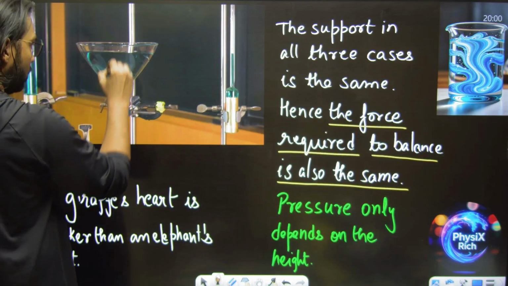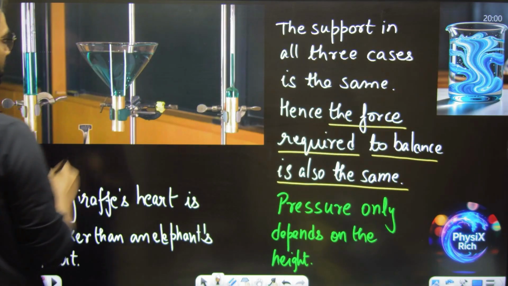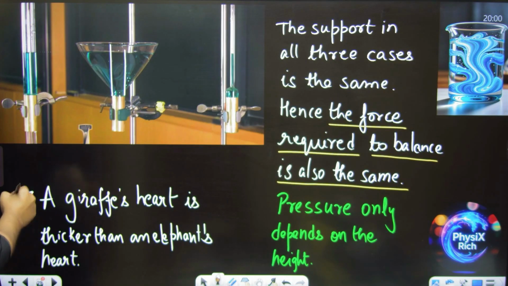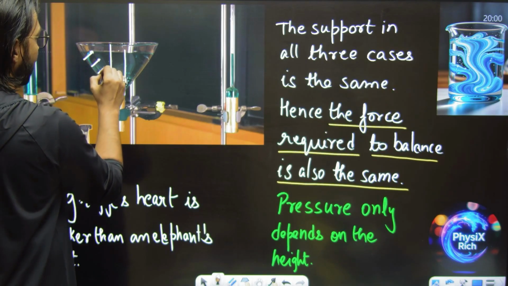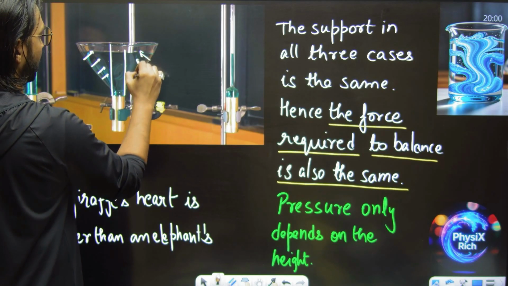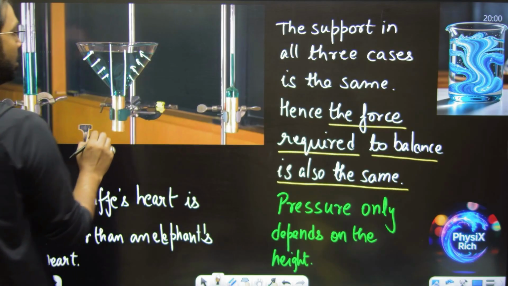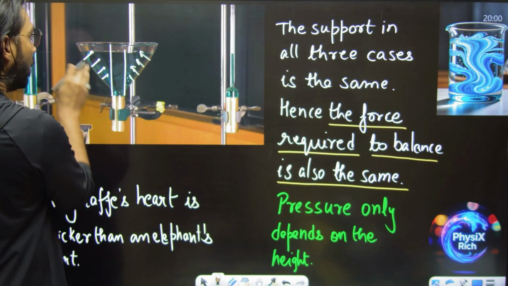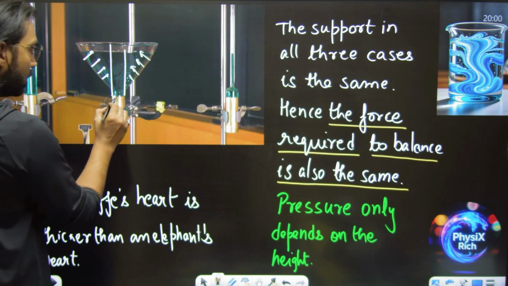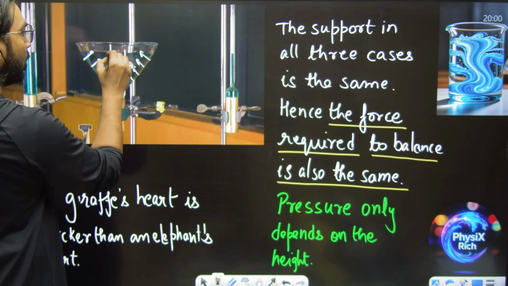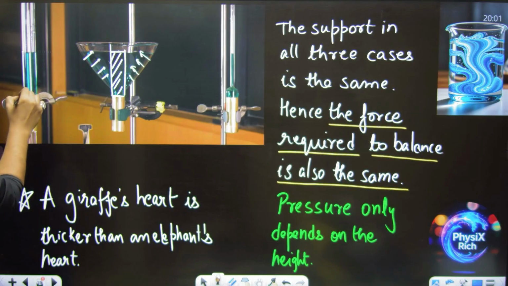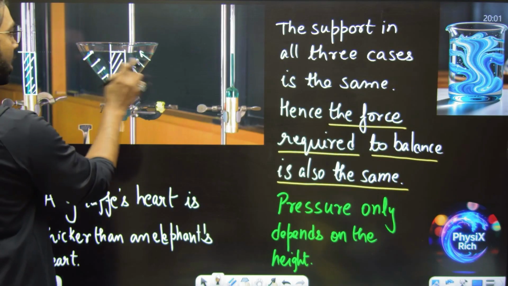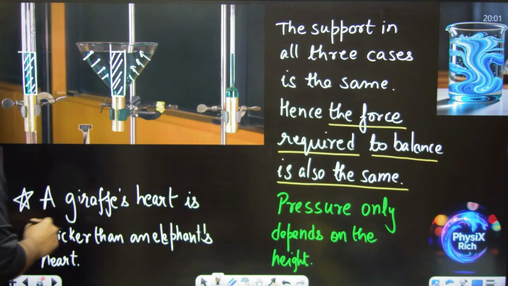If I were to draw a hypothetical line over here, you will notice that there are all these forces acting that are supporting the liquid which is on the side. This surface is only supporting this liquid, very similar to this surface, supporting only this liquid. The remaining liquid is supported by the side walls.